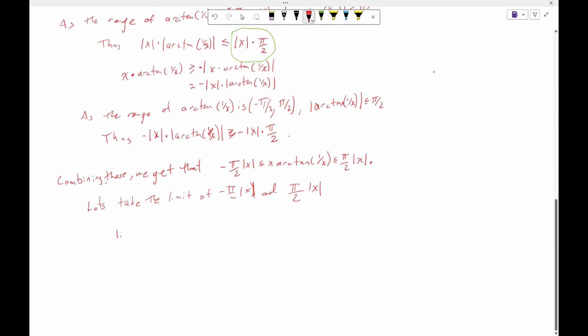The limit as x approaches 0 of minus pi by 2 absolute value of x equals minus pi by 2 times the absolute value of 0, which equals 0. The limit as x approaches 0 of pi by 2 times the absolute value of x equals pi by 2 times the absolute value of 0, which equals 0.